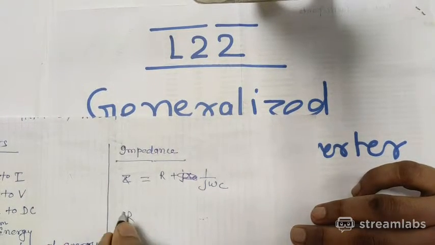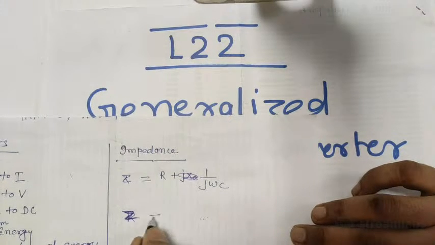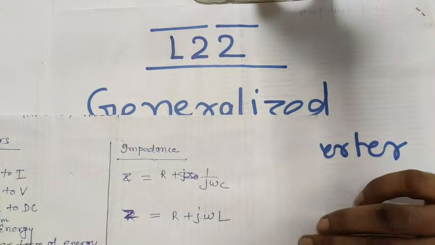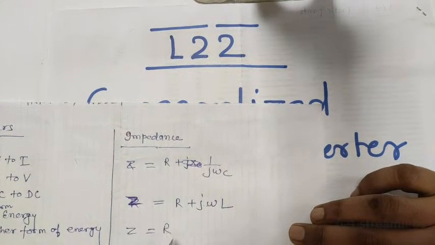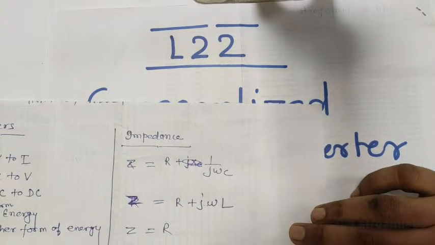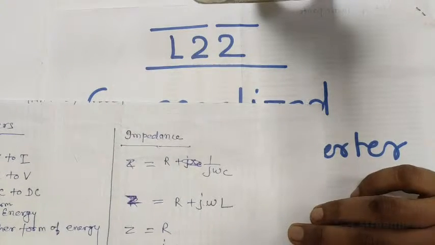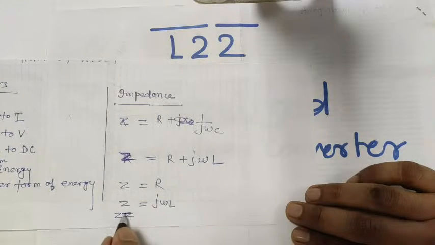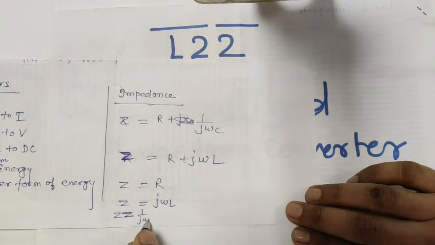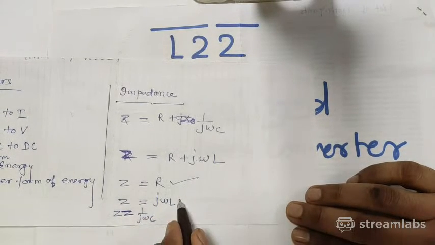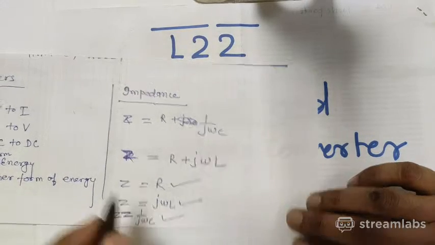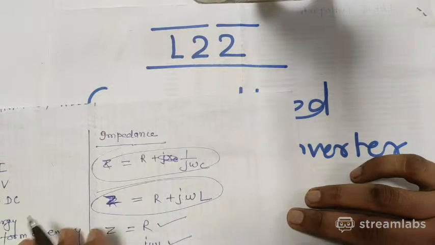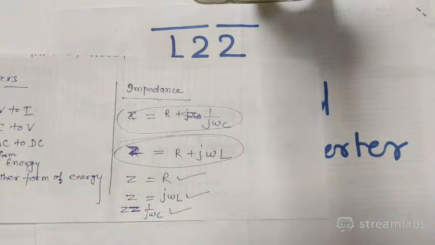This is generally represented by Z. So Z equals R plus j omega L, or it can be only R, or only j omega L, or only 1 upon j omega C. So it can be only resistive, only inductive, only capacitive, a resistive-capacitive combination, or a resistive-inductive combination. These kinds of impedances are possible.